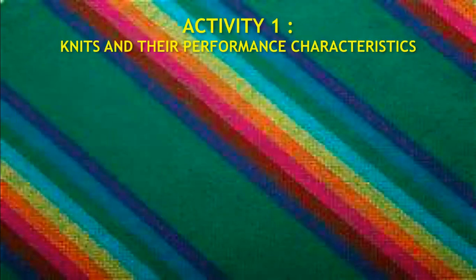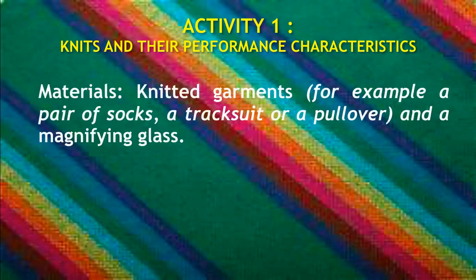This activity will allow you to understand the performance characteristics of knitted fabrics. As materials, you will require any knitted garments, for example, a pair of socks, a tracksuit, or a pullover.